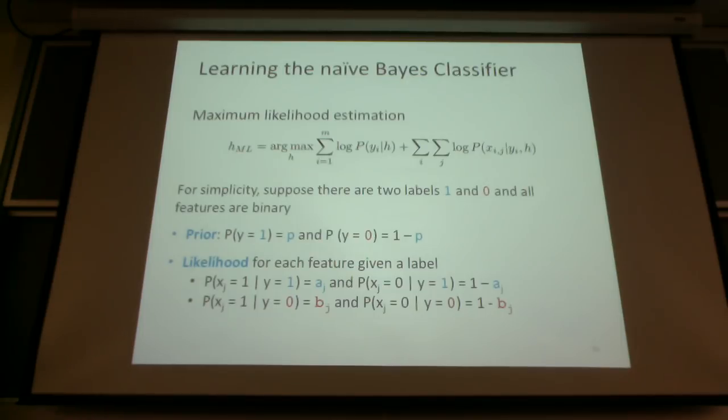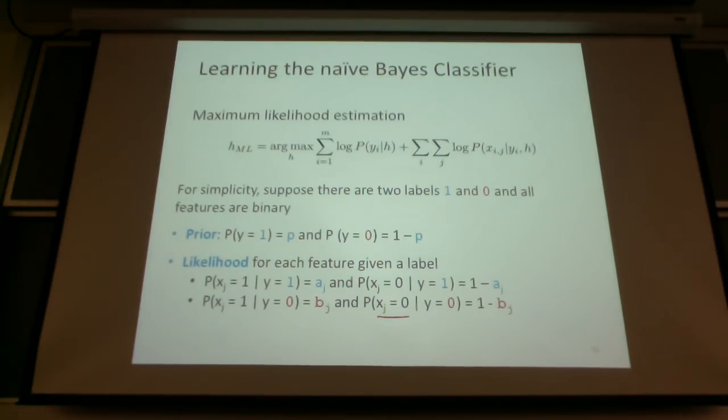And when y is 0, the probability that xj is 0 is 1 minus bj. Now, this is where I said we are going to have a ton of notation. There is no hope that you're going to remember all of this just having seen it once, which means you have to go home and work it out. But I'll keep reminding you what these symbols mean.